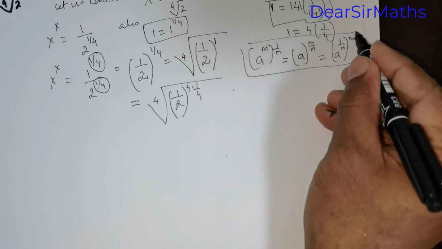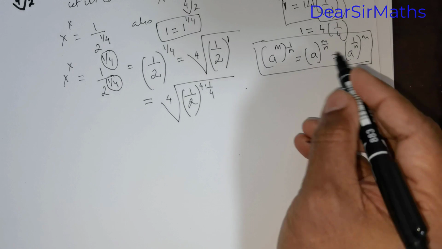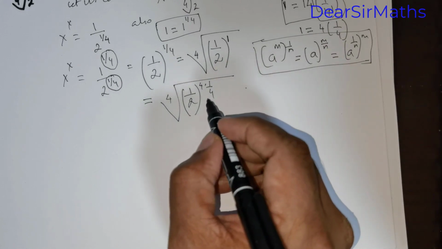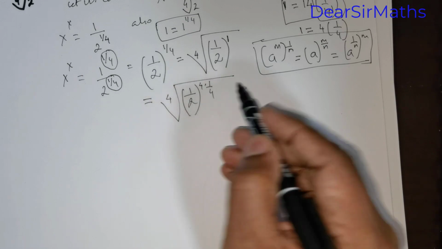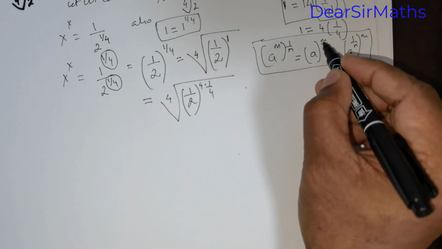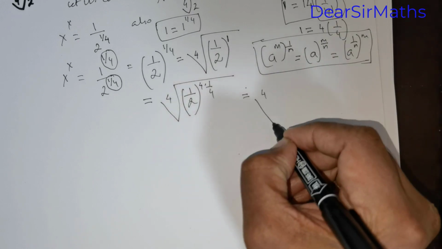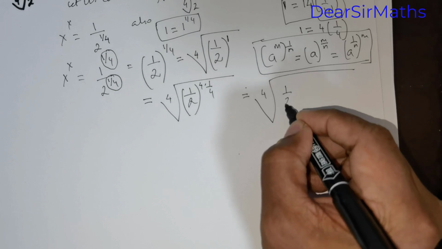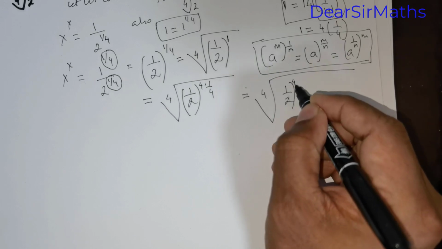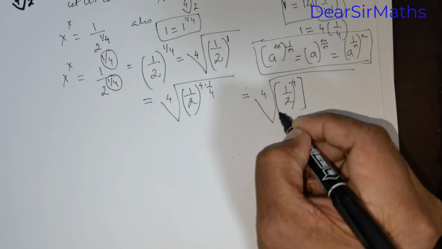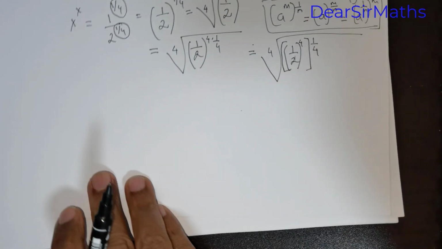So all these deductions are possible because of the laws of indices, and I am exactly going to be using those laws. So I would like to push this 4 inside. I've got some quantity like this, so I'm pushing this numerator inside. So this is going to be 4th root of 1 over 2 raised to the power of 4, and you have 1 over 4 over here, right?